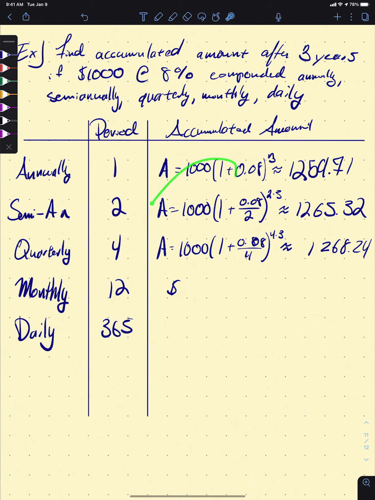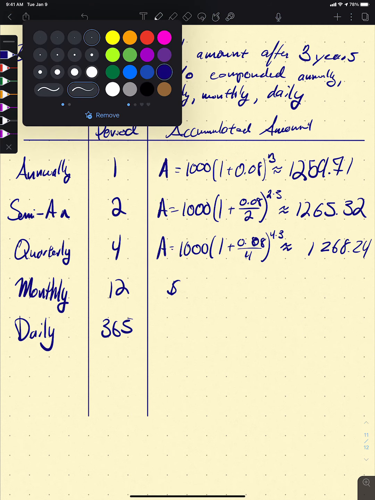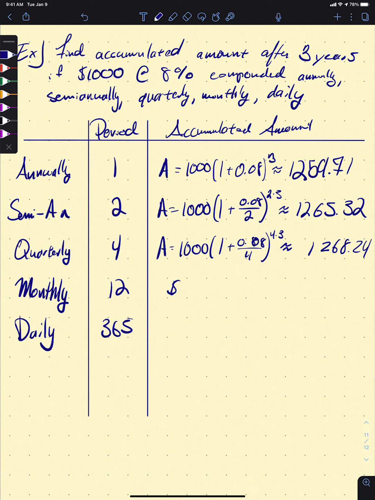And then for monthly and daily, I assume that from these, you can calculate those on your own to verify. We have 1,270.24, and daily is 1,271.22. Okay.